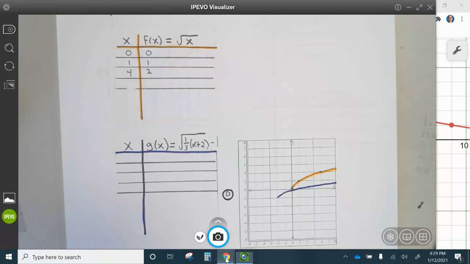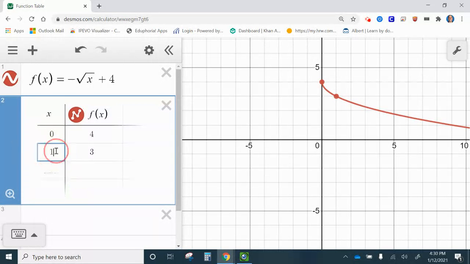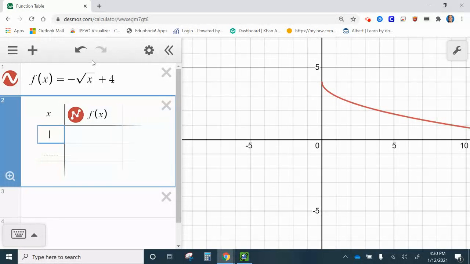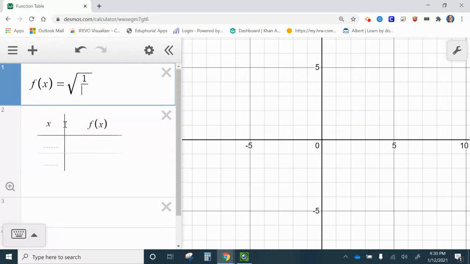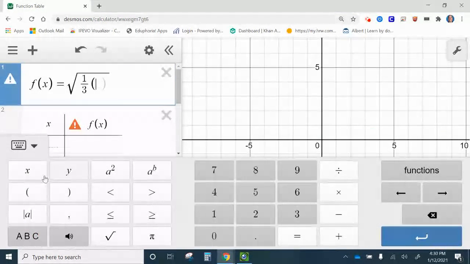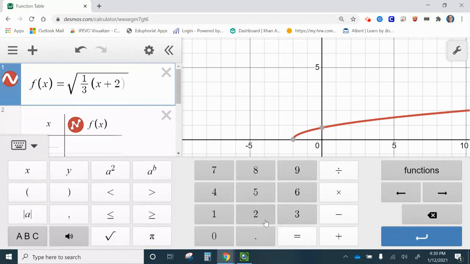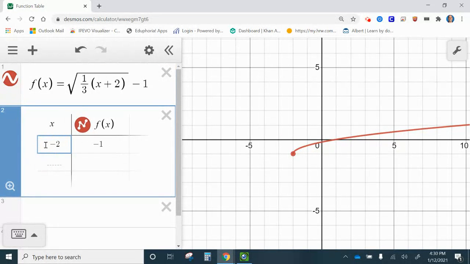So let's go to Desmos, and we want to delete these values. And now let's change the function. So now I have 1 divided by 3, to the right, parentheses x plus 2, minus 1. Now, this is the point we're going to start at: negative 2, negative 1. So when I put in negative 2, we have negative 1.